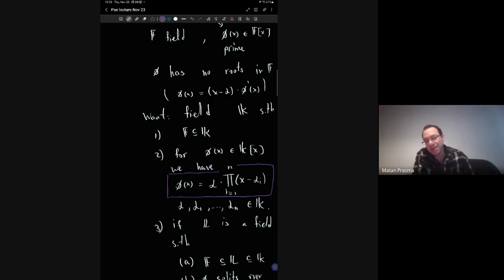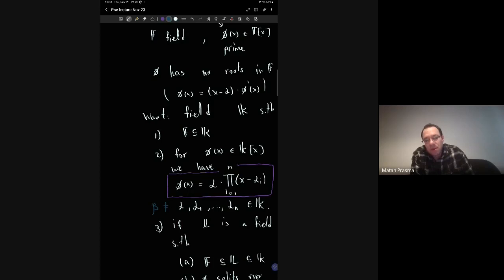And second, they must be all the roots of phi, because if you have any other element, let's say beta, and beta is different from any of alpha 1 up to alpha n, you plug beta into phi, you get something that is non-zero, right?